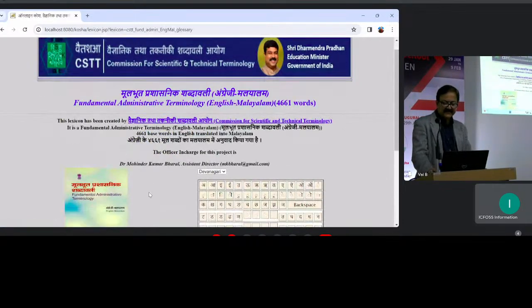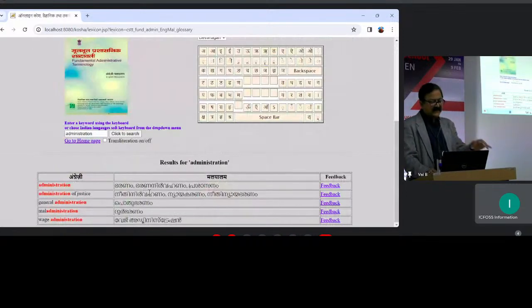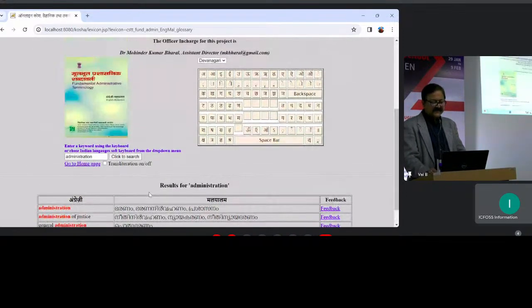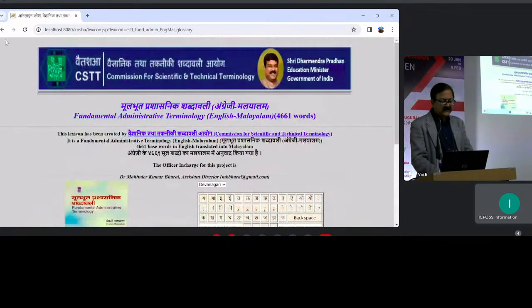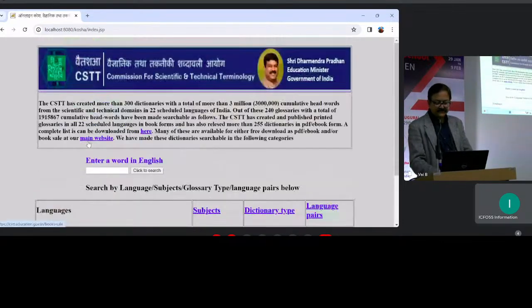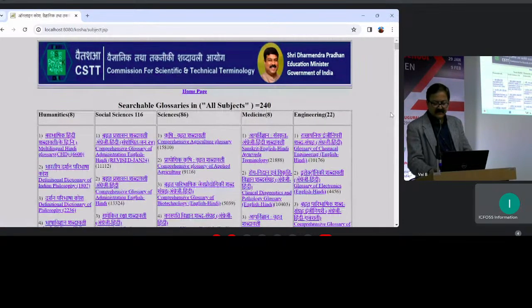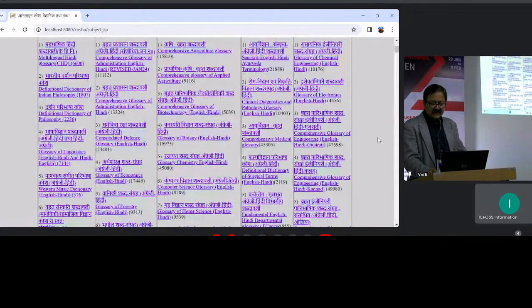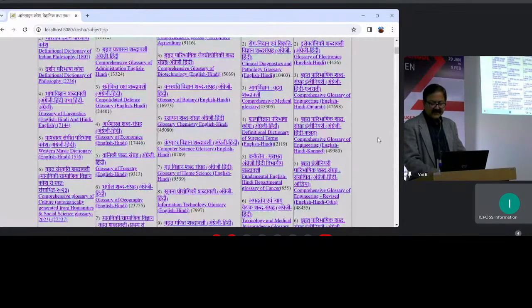And what is the Malayalam we have to criticize? Already done. So if you go there and see any dictionary, say any engineering dictionary. Kannada.